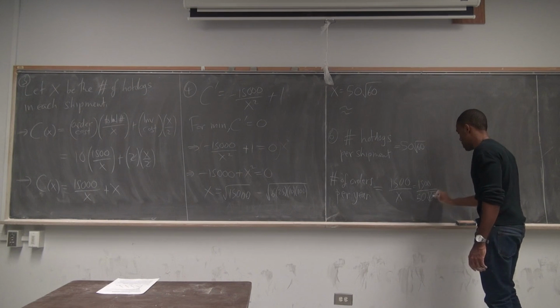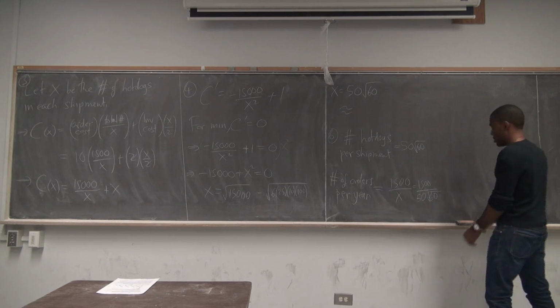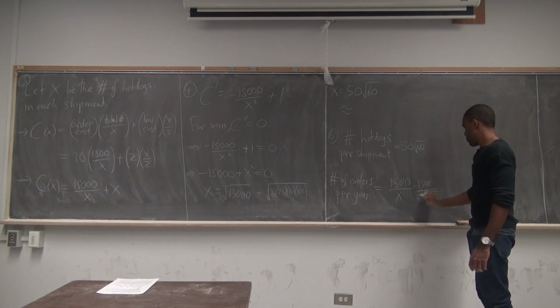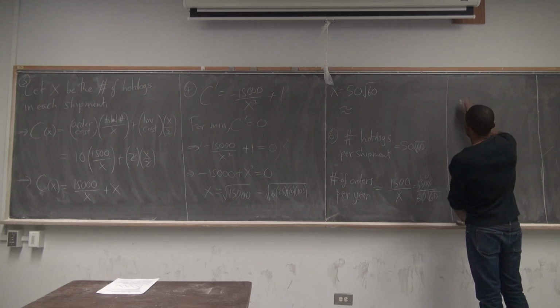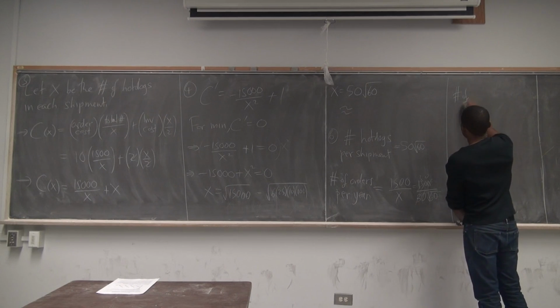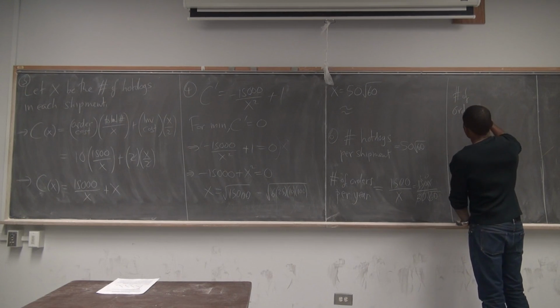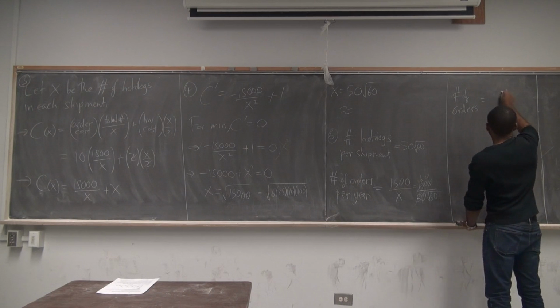Square root of 60. So boom, boom, boom, boom. It's 30. So number of orders equals around 60.